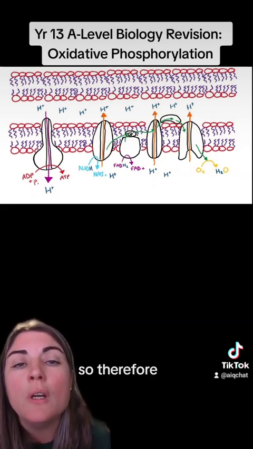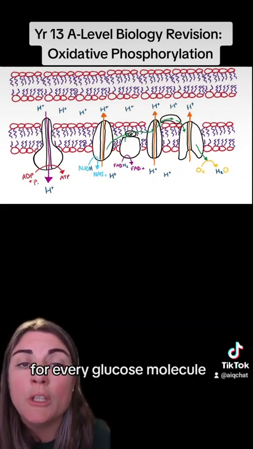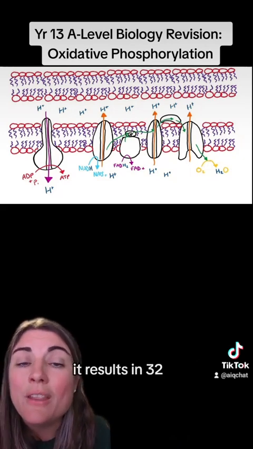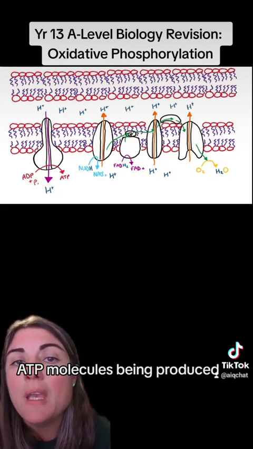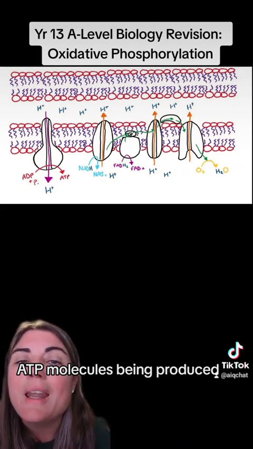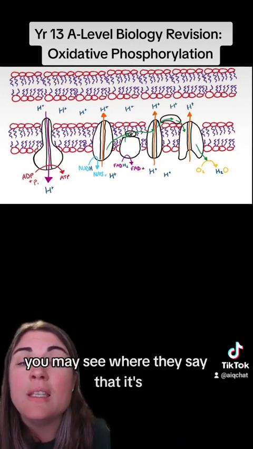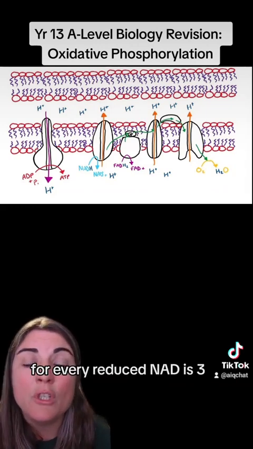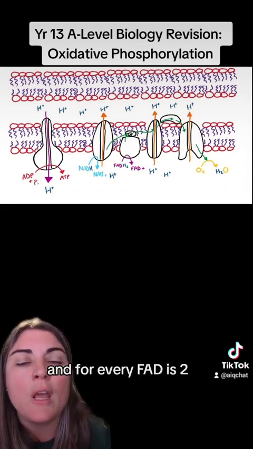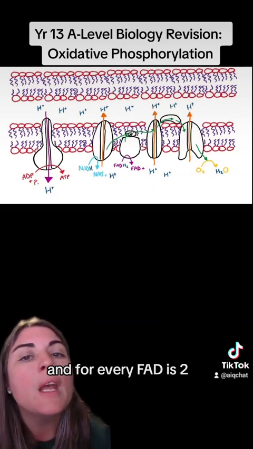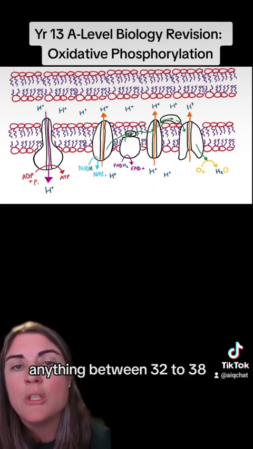So therefore, for every glucose molecule, it results in 32 ATP molecules being produced. Now, depending on where you do your research, you may see where they say that for every reduced NAD it is 3 and for every FAD it is 2. And that number can be anything between 32 to 38.